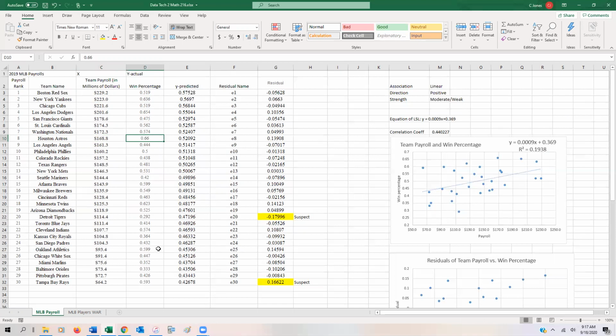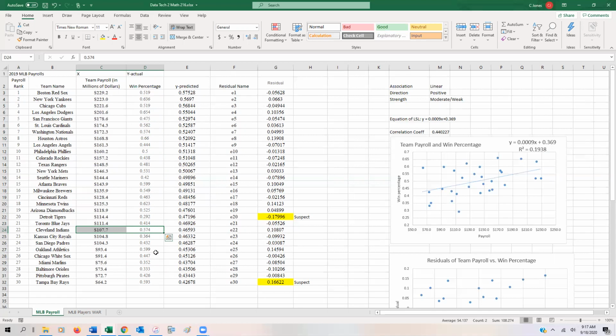So it's not always true, but if we look up here, we notice that all these teams with the highest payroll are at least above 0.5, which means they won more games than lost. The Giants, for some reason, they just lost. But it looks like almost all the teams in the top 10, all but 2 of them, won at least 50% of their games. And then as you go down a little further, it gets a little bit more sporadic. The Indians won a whole bunch of games, despite only having approximately a $110 million payroll.